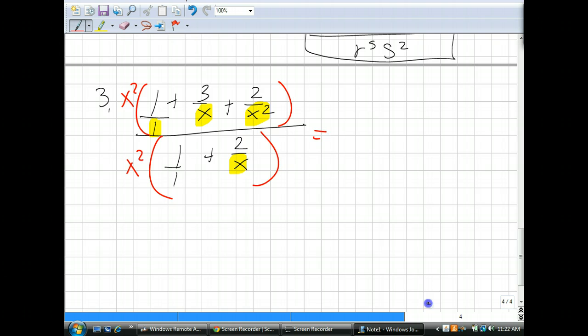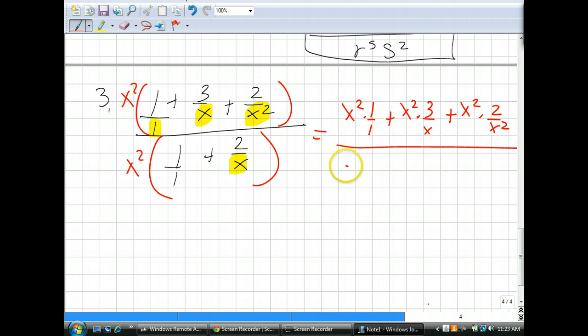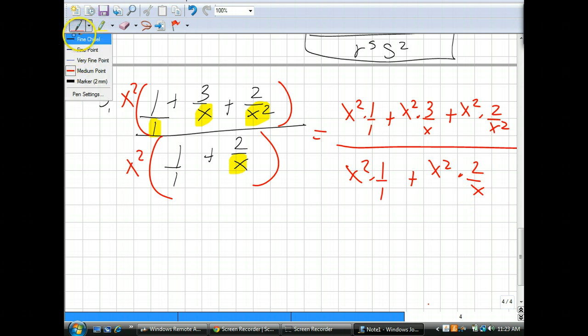So if I distribute that, I get x squared times 1 over 1 plus x squared times 3 over x plus x squared times 2 over x squared. And in the denominator, I get x squared times 1 over 1 plus x squared times 2 over x. Now remember also that these x squareds are really over 1.